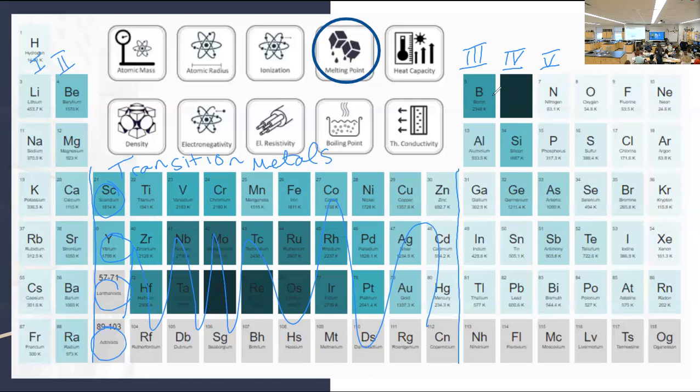Guys, remember how we named that column 1 was the alkali metals and column 8 was the noble gases? Not all of them have names. I mean, you're right. Listen, there are names for these other ones, but I'll be honest, I hate them.